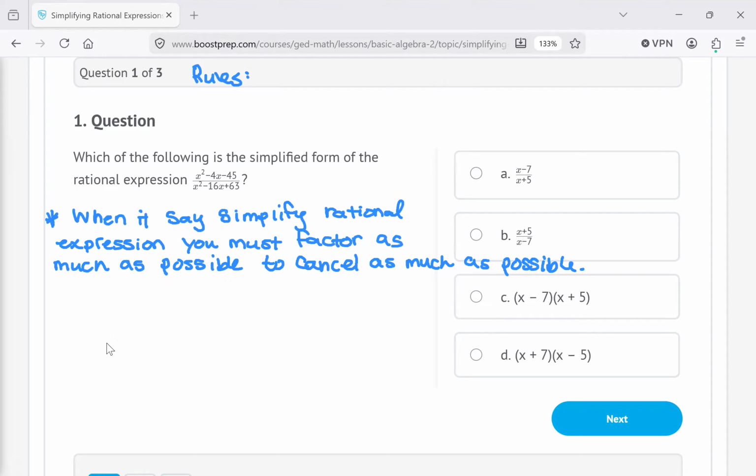So yeah, when it says simplify rational expression, you must factor as much as possible to cancel as much as possible.